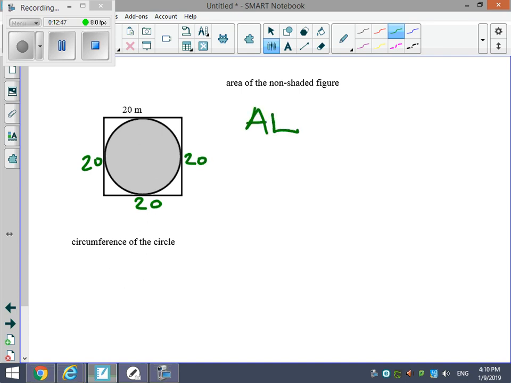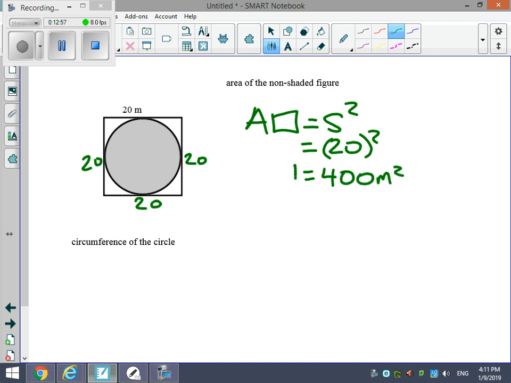So if we're going to get the area of a square, we know that it's side squared. It's 20 squared. It'll be 400 meters squared. But now we got to do the circle. The circle, we really need a radius or a diameter to get us started. And the picture doesn't have one. But again, you look for information on the page that might help you.